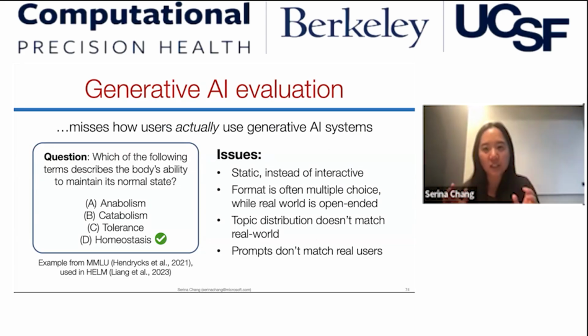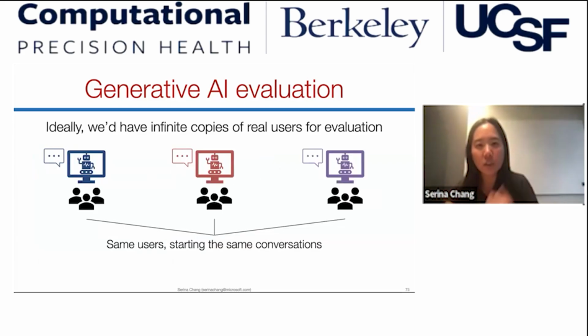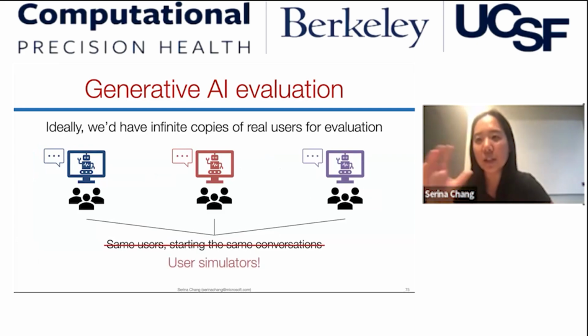And there are these other differences, like the format is often multiple choice, the topic distribution doesn't match the real world, and prompts don't match real user styles of speaking. And so in our work, what we're trying to do is to scale this sort of evaluation so you can do it with user in the loop. Well, it would be very hard to get these infinite copies of real users for evaluation. So instead, we're trying to build simulations of users so that we can do more realistic, scalable generative AI evaluation.